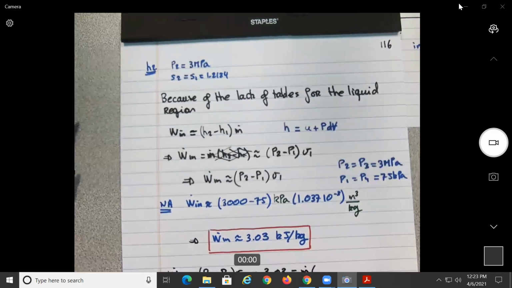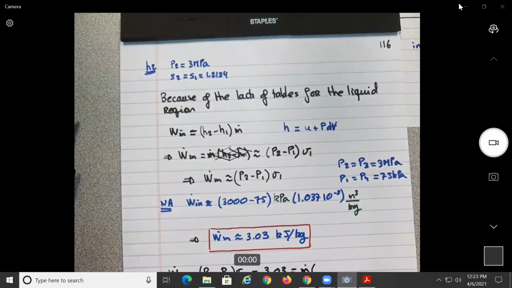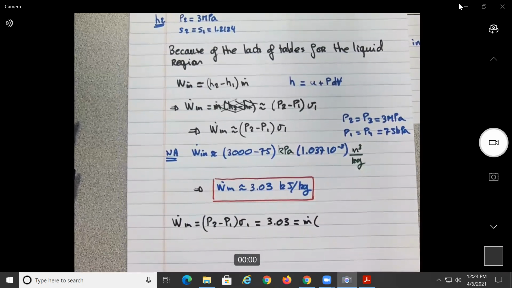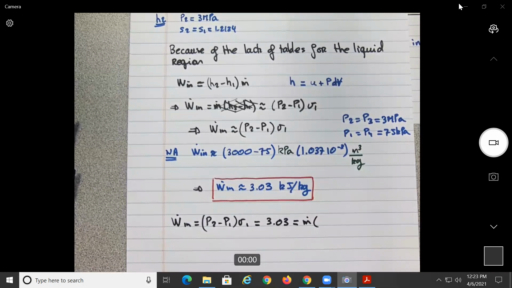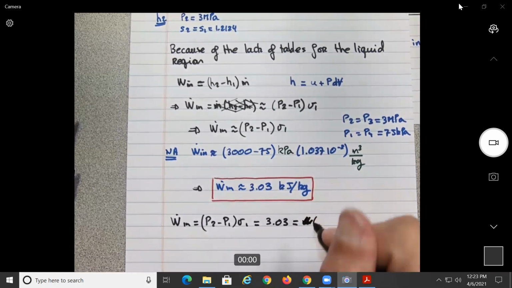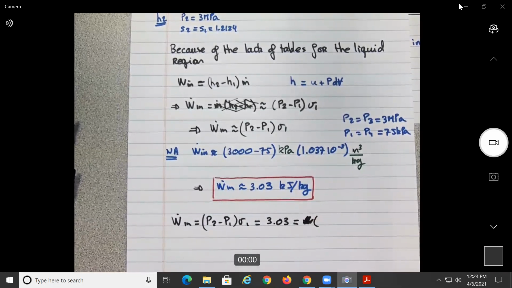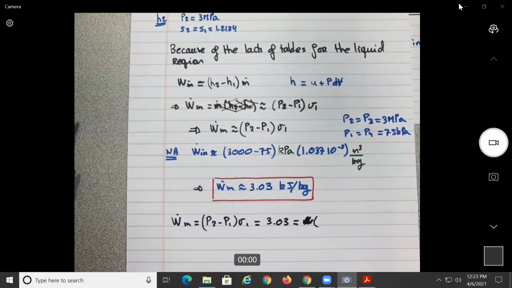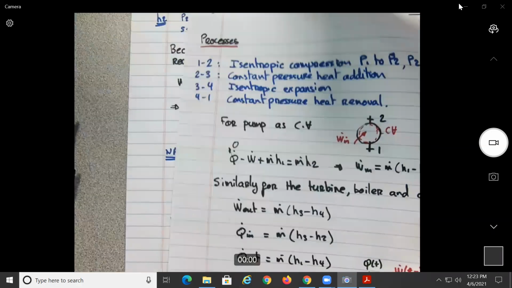This one is divided by m dot already because it's the specific value. So what I'm just trying to think now is, because of the sign convention, positive, let's go with what we used initially. The problem I have now is with the sign here.